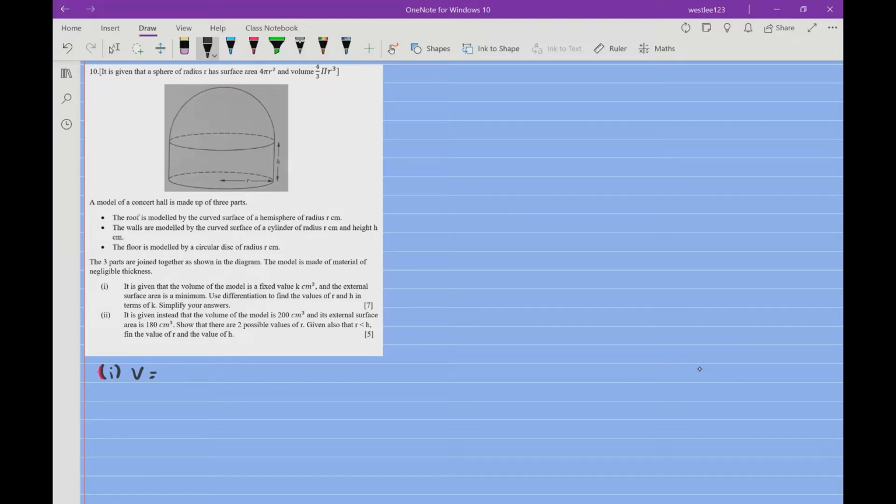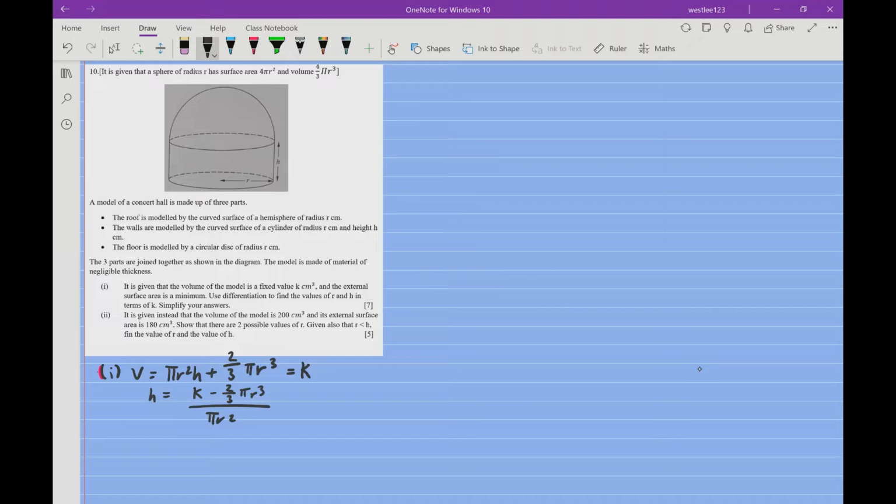Volume of the cylinder is given as pi r squared H, and then volume of the hemisphere 2/3 pi r cubed. And the question tells us that this volume equals K. So let's make H the subject. H equals K minus 2/3 pi r cubed over pi r squared.